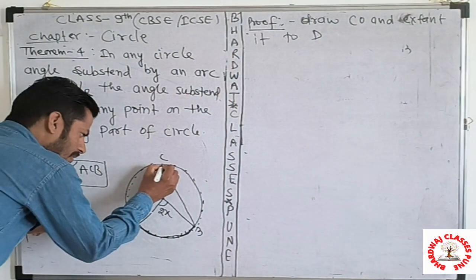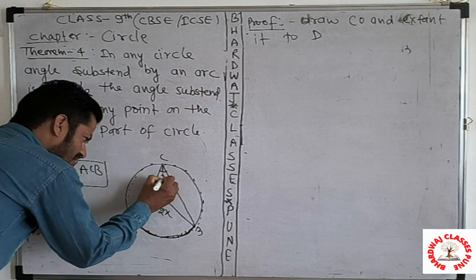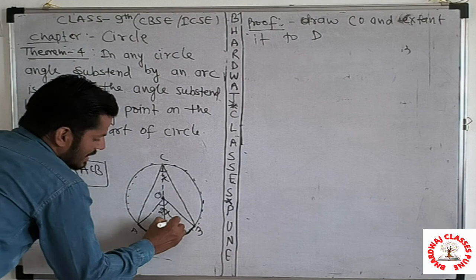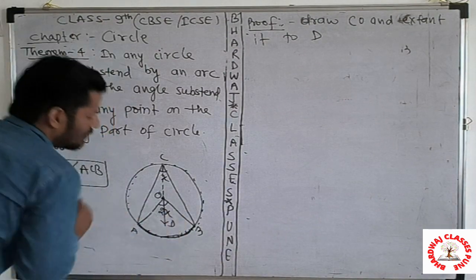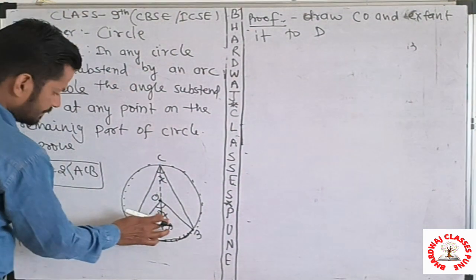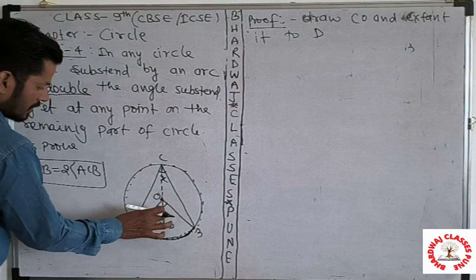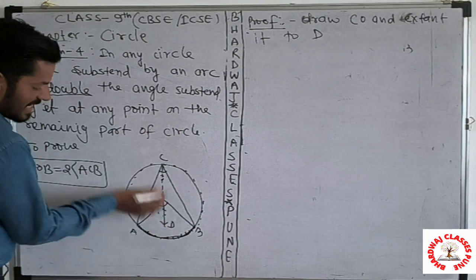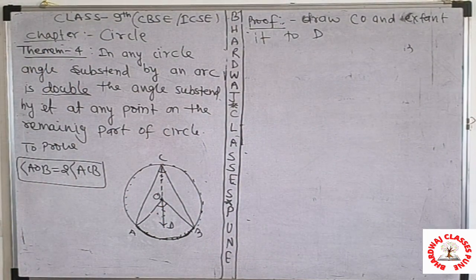This is CO. First we join CO and extend it to D. We just draw a line, join OC and extend it till D.